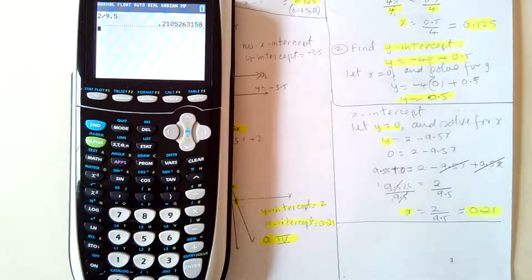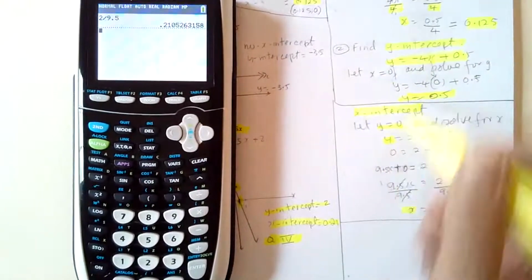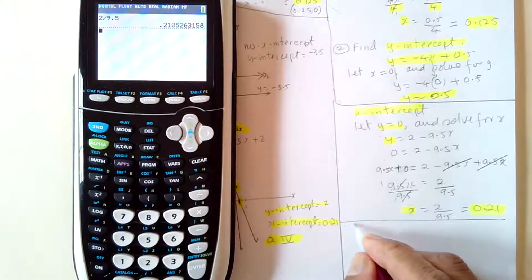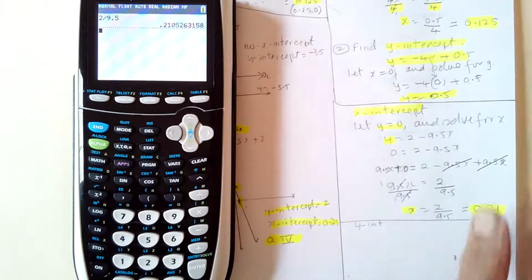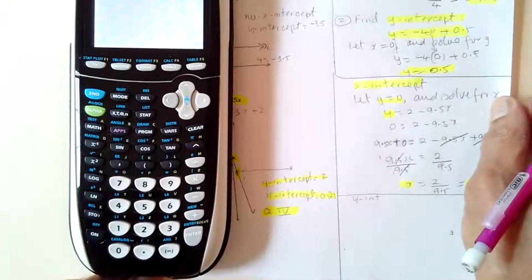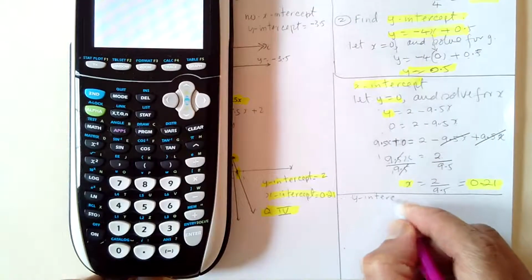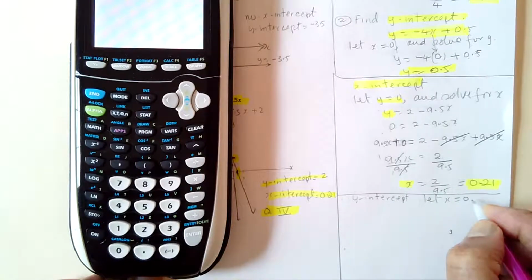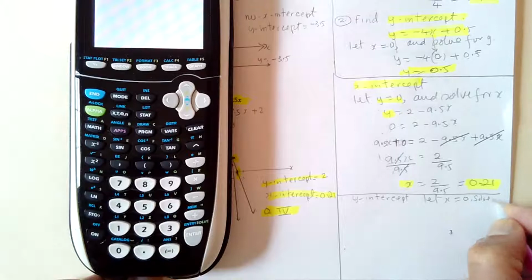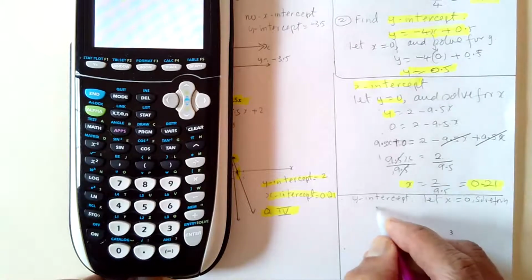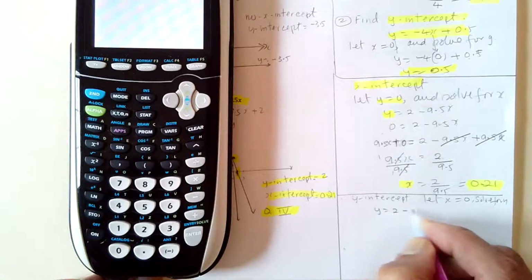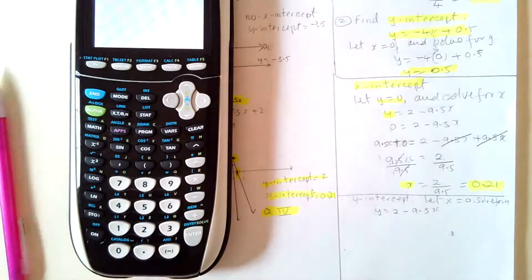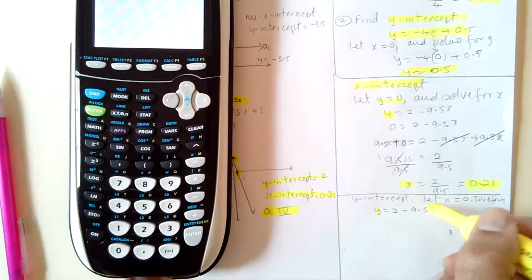And to find the y-intercept, we let x be 0 and solve for y. So we have y is equal to 2 minus 9.5x. X equals 0.